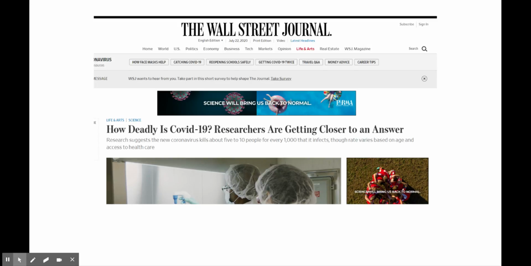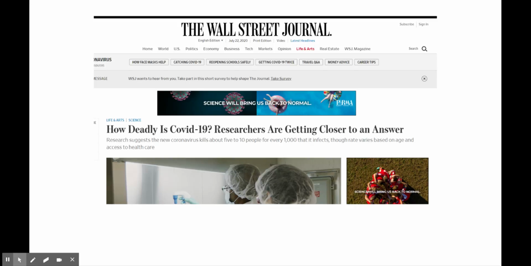But if mortality rate is calculated by taking the number of people who die from a disease divided by the number of people who were diagnosed with the disease, that statistic can be misleading or inaccurate if you think back to the iceberg example. We're only counting what we can see, or the tip of the iceberg. If we're not diagnosing a lot of the cases, that's going to give us a biased estimate about the true mortality.